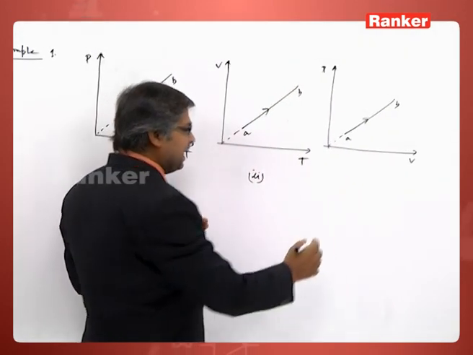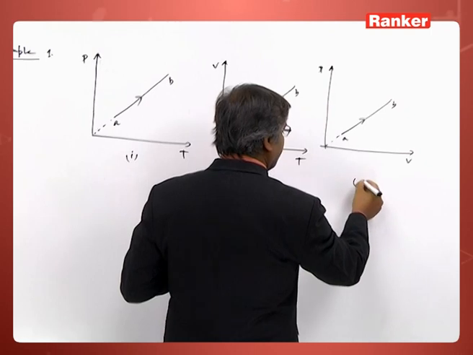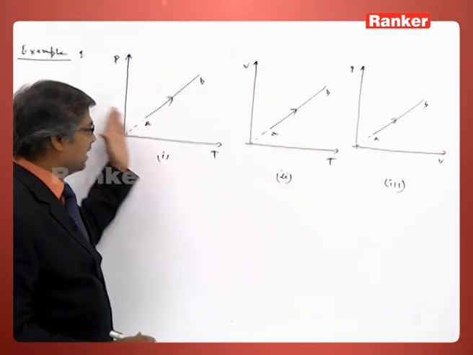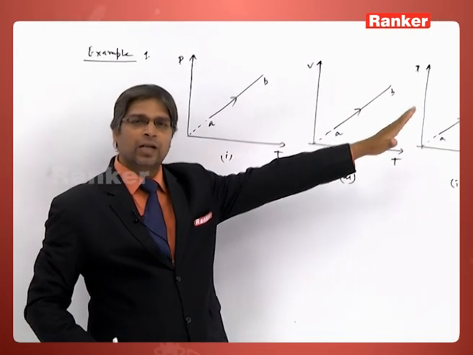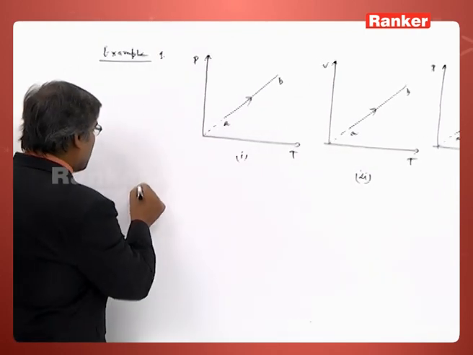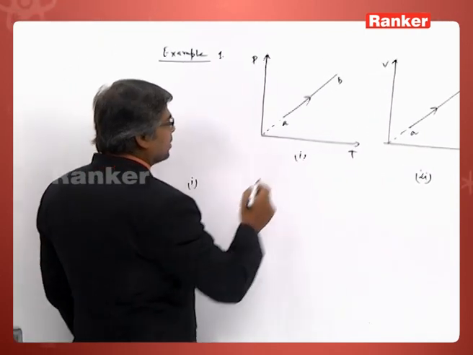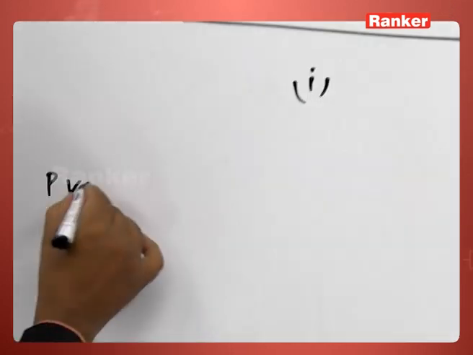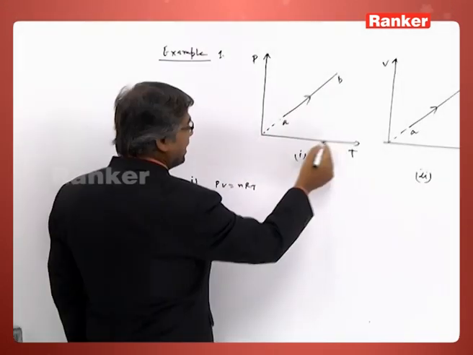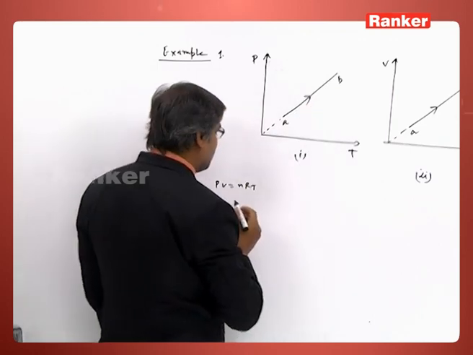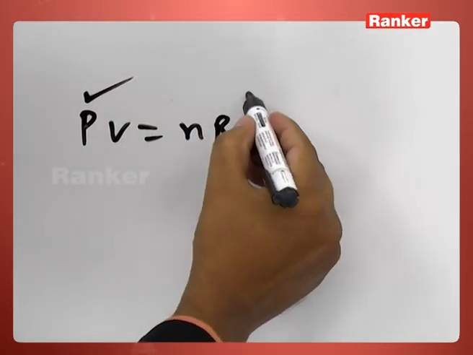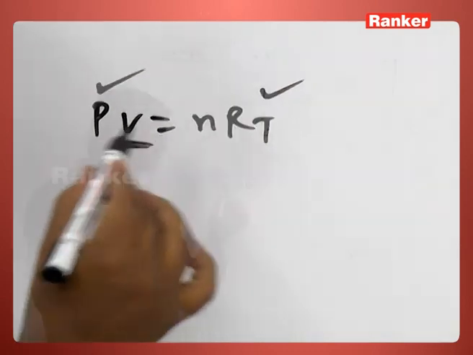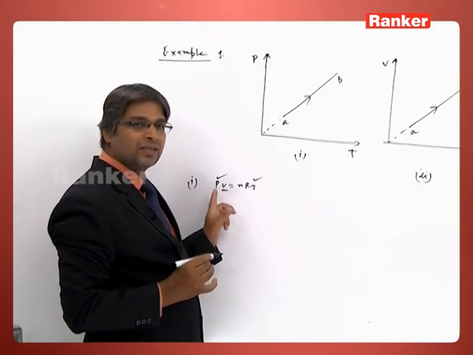So we have three cases, three different processes, and let us calculate the specific heat for all the three processes. We start from the first. Here pressure is directly proportional to temperature. You can see this linear dependence. This is possible if volume is constant.